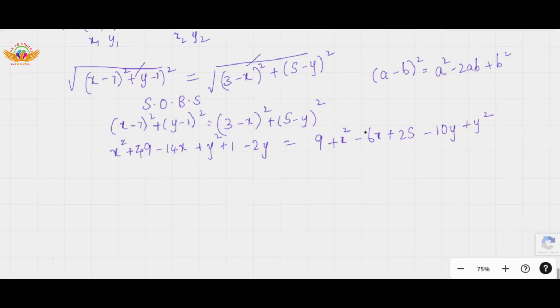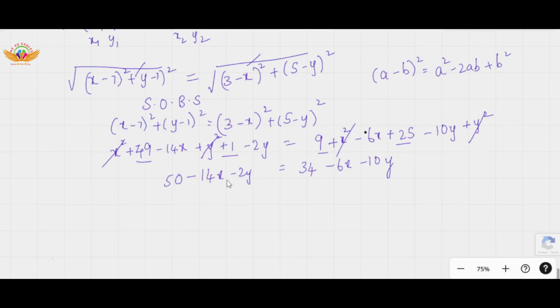Done. So x square cancels, y square cancels, and let us write down the terms. 49 plus 1 is 50, minus 14x minus 2y is equal to 25 plus 9 becomes 34, minus 6x minus 10y.